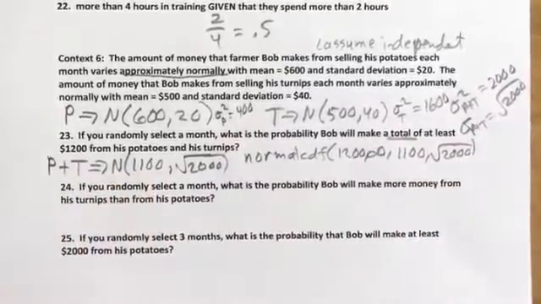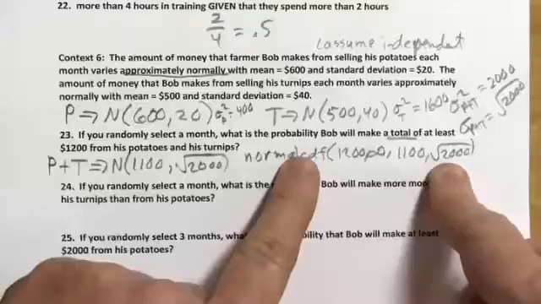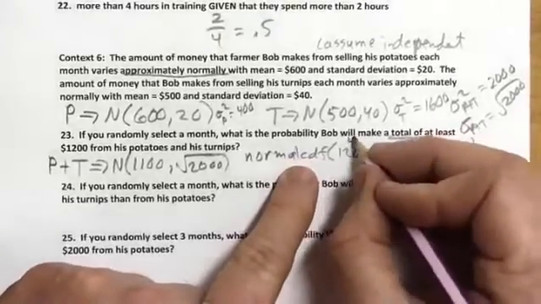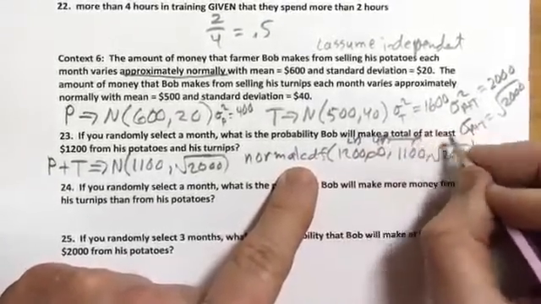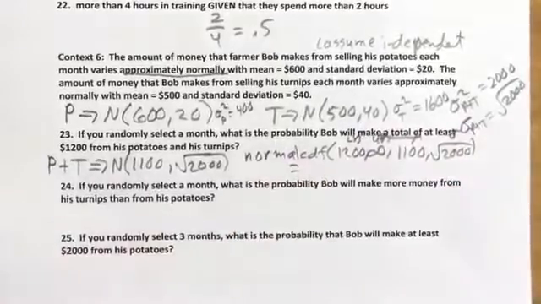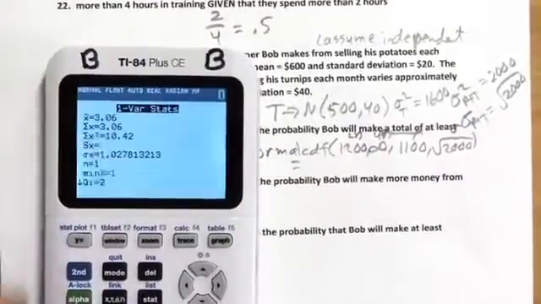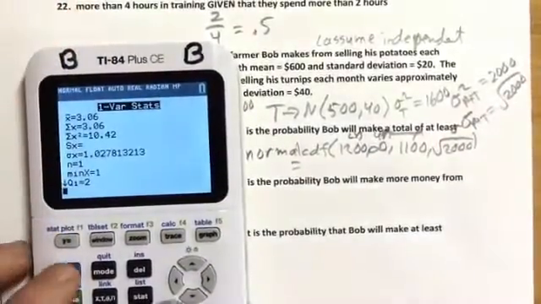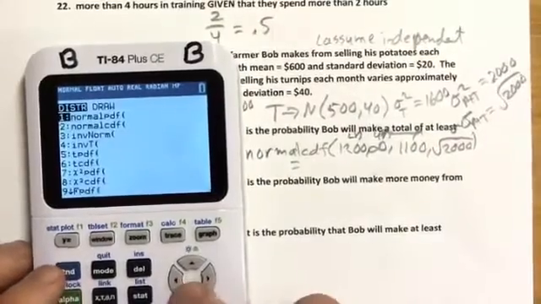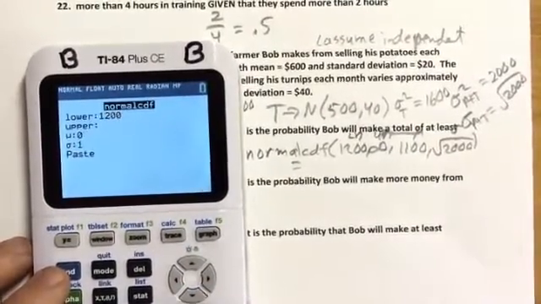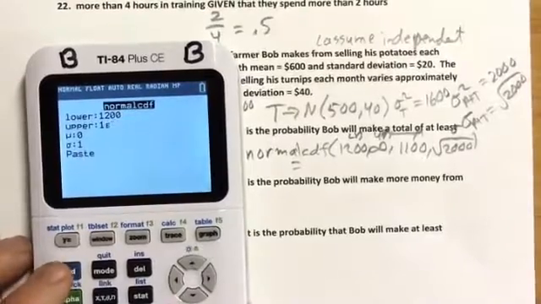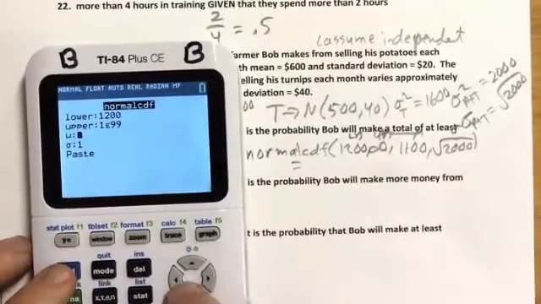Let me remind you in your calculator. To show your work for normal CDF, remember you have to label this as lower bound, upper bound, mu, and sigma. We'll go second distribution, normal CDF, and we will go 1200 to infinity, or you could just put 9 billion or whatever, that's fine.